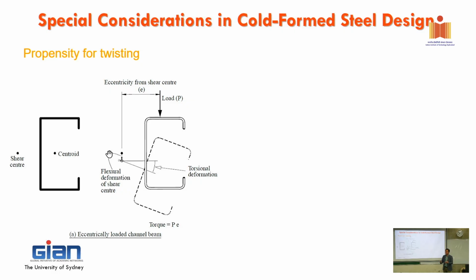You have a doubly symmetric section like an I-beam or universal beam, which is very popular in hot rolled steel. However, in cold formed steel, you normally see those types of sections because of the nature of how it is made. You make the cold rolled section. So interestingly, the C section, for example, let me take an example here. It's interesting because you see that very popular in the purlin system, right?